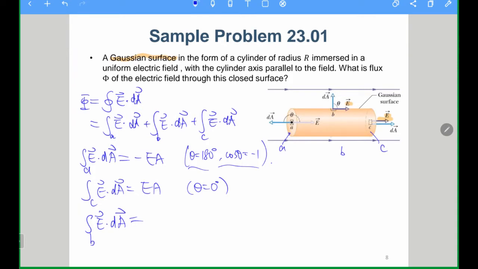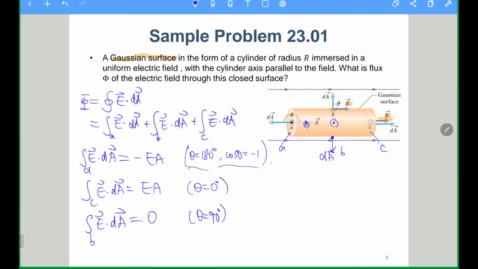For example, at this point dA points downward, at this point close to us it points out of the page, and for the point inside it points into the page. But no matter which point, dA is always perpendicular to E because it is perpendicular to the surface. So E dot dA will be 0. This is theta equals 90 degrees.